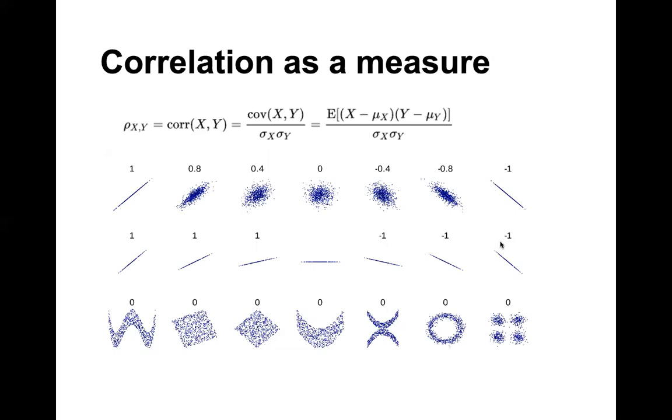If you use correlation as a measure, correlation is very related to covariance, which we were talking about. It's actually a sort of normalized covariance between two variables, based on the standard deviation of each of those. And you see that correlation is very good at picking up these kinds of relationships that are basically linear.